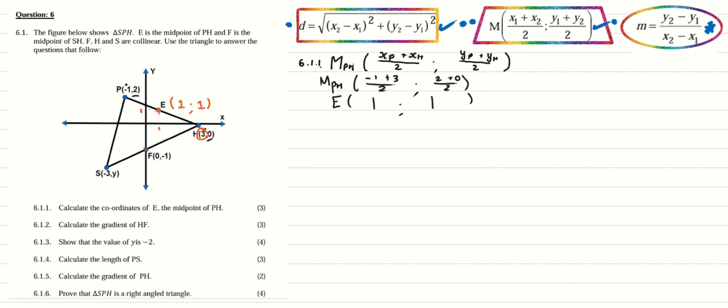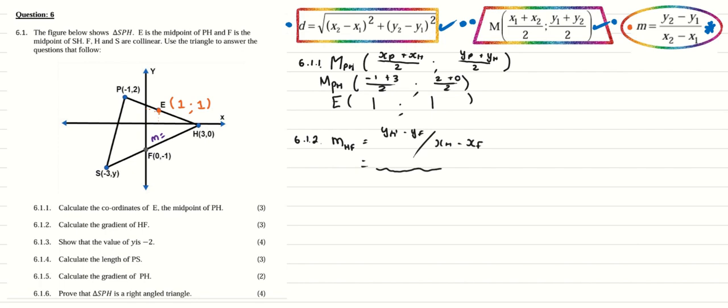The next question is to find the gradient of HF. So we need to use equation number 3 over here. So to get the gradient of HF, we can say YH minus YF all over XH minus XF. We then substitute these values.